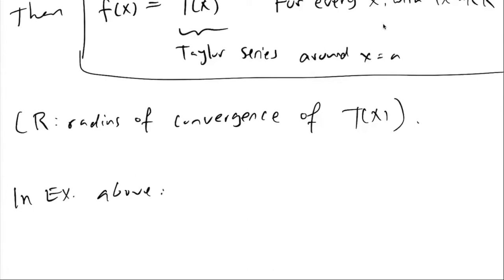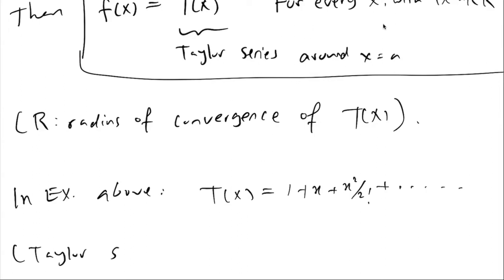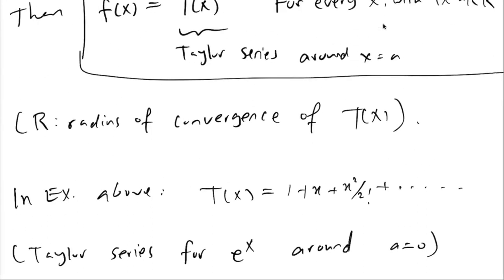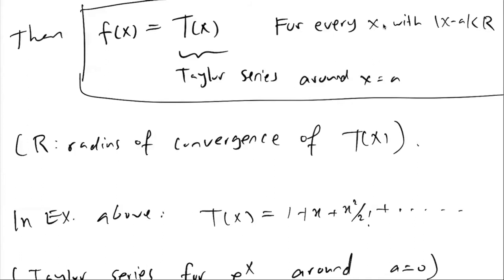We saw that T of x equals 1 plus x plus x squared over 2 factorial is the Taylor series for e to the x around a equals 0. And we saw it has a radius of convergence of infinity. So because e to the x is one of the functions listed in theorem star, we can say e to the x and T of x are exactly equal to each other for every x with absolute value x minus a less than r, and a here is 0, r is infinity, means for every x with absolute value x less than infinity, which means for every x.